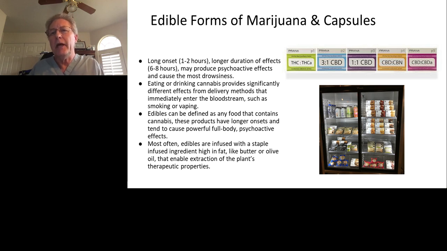So depending on how that formulation of product that you swallowed is built, you can have a profoundly different effect between individuals, not only based on their genetics, how their liver processes things, but also what was in their stomach at the point in time that they consumed the product.